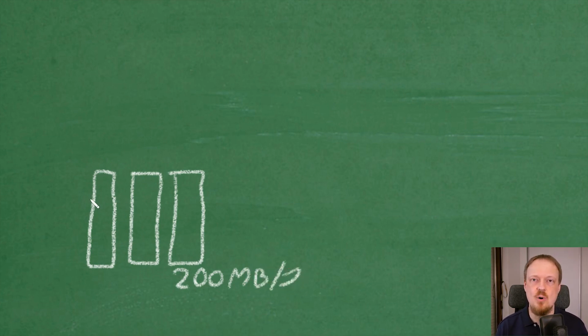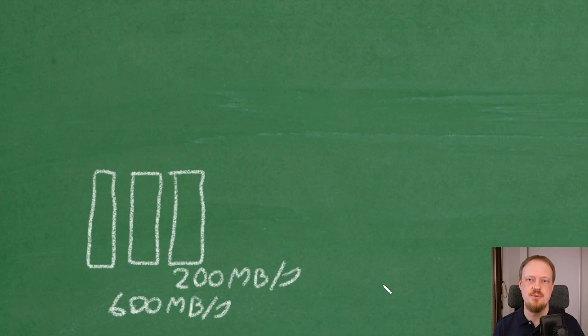If we use all 3 drives at once in parallel, then we should get how much? 600 megabytes per second total throughput. I'm not talking about IOPS because you will probably not saturate IOPS in the cloud. So throughput, that is what you will saturate and that is what you will be limited on.